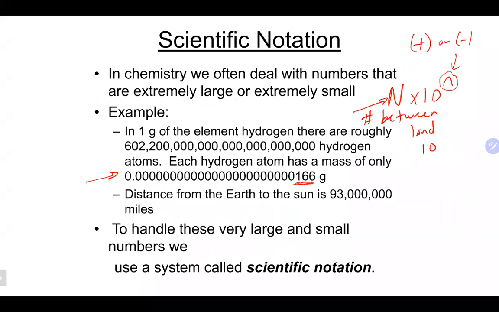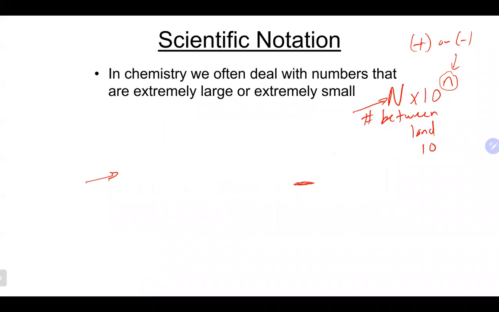Now, more important than writing things in scientific notation is actually using your calculator in scientific notation, right? So let's make sure everybody knows how to properly use your calculator in scientific notation. Every calculator should have a dedicated exponent button that looks like EE or EXP.